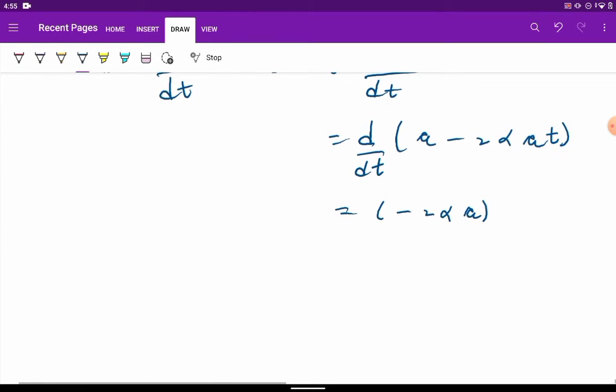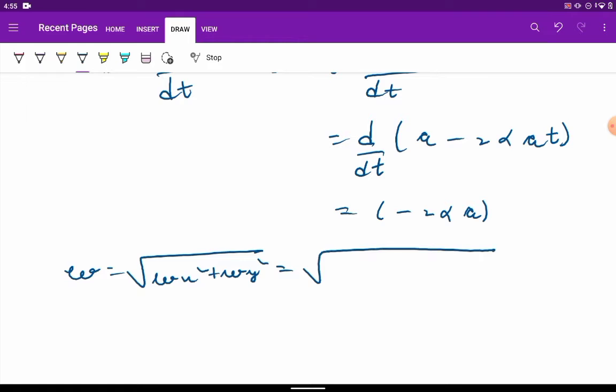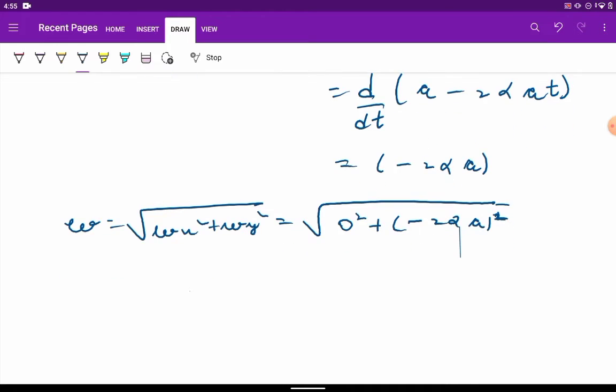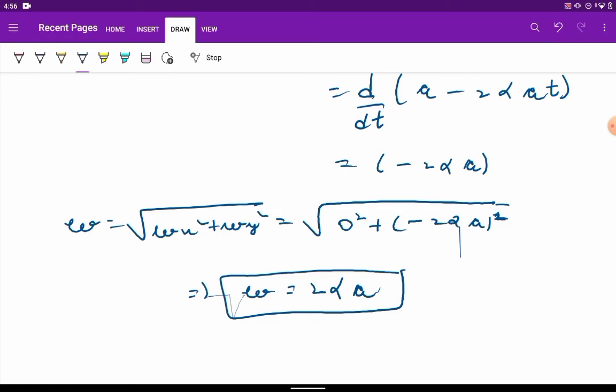So w is root over wx square plus wy square. wx was 0, wy was minus 2 alpha a, so the w magnitude is equal to 2 alpha a, which is a constant, of course. Alpha and a are both constants.